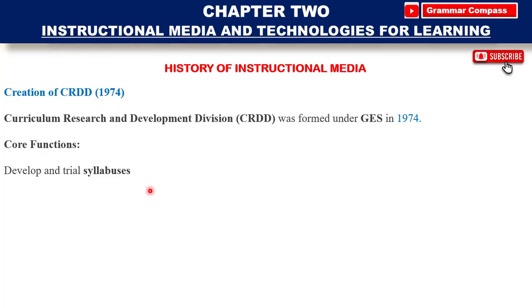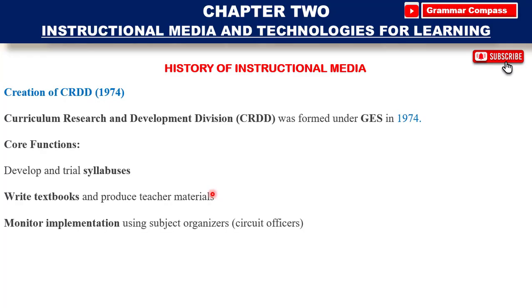So instead of guessing what should be taught, CRDD made sure the syllabus was tested, refined, and practical for both teachers and learners. Secondly, they also wrote textbooks and produced teacher materials. This helped promote consistency in teaching and learning. And third, they monitored implementation using subject organizers known as circuit officers.